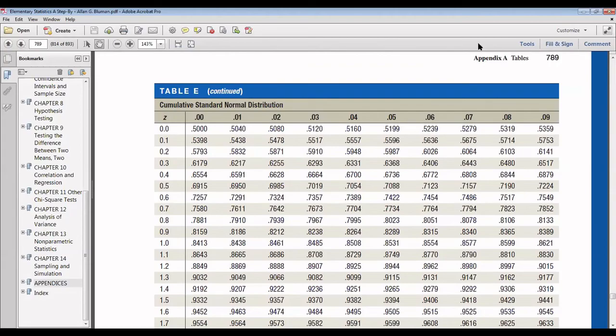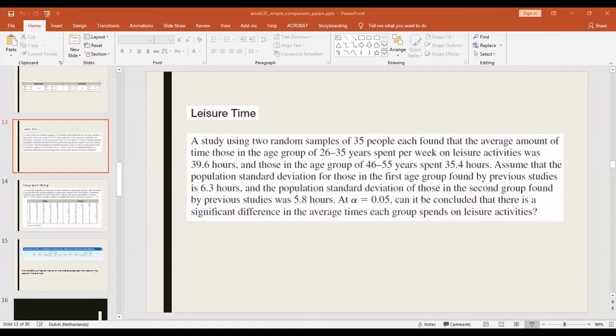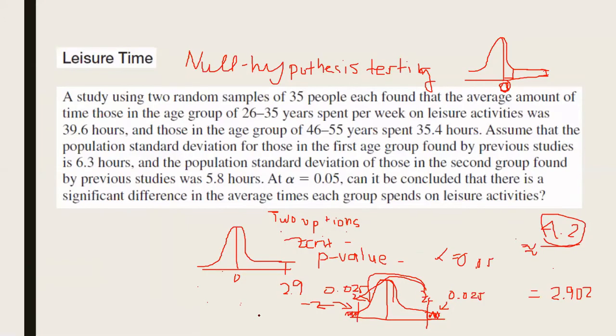So kung 1.96 siya, ang na-compute natin kanina ay 2.9. So yan yung Z critical.